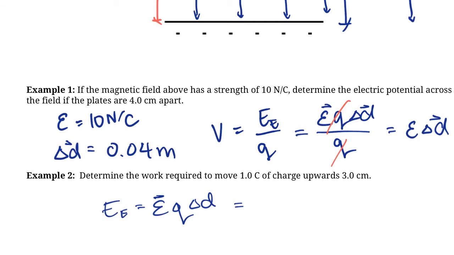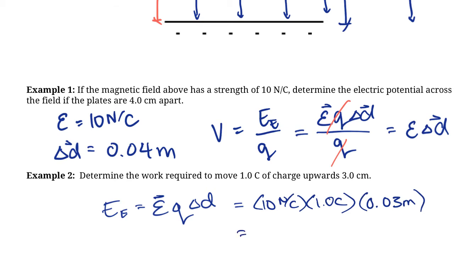What was the field strength again? Oh, 10 newtons per coulomb. The charge is 1 coulomb. And the delta D, the amount we're moving it up by, is 3 centimeters, which is 0.03 meters.